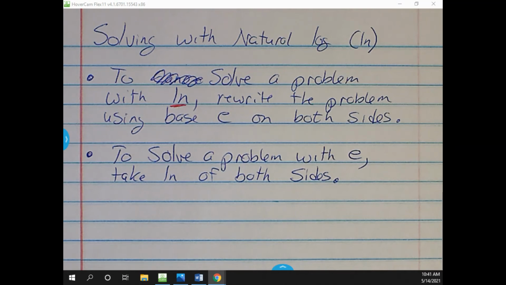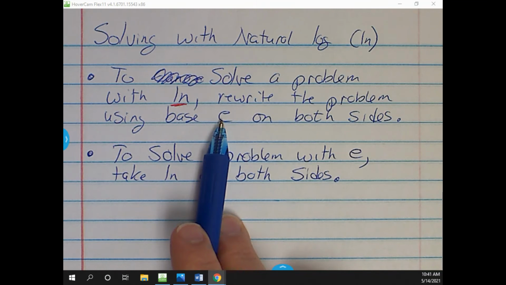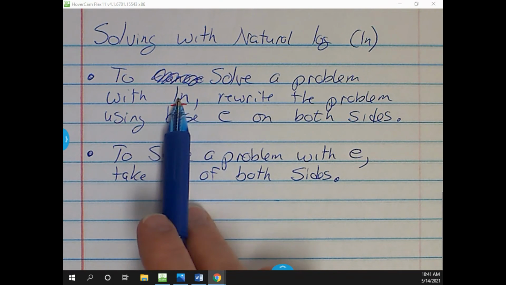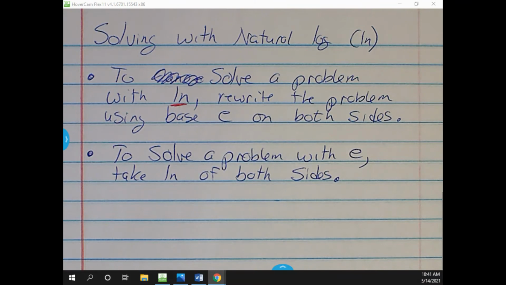The other day, if it was a log problem, log of whatever, base whatever, you rewrote it with that as the base on both sides. This one we're basically doing the same thing. If it's ln, that means it's base e, so we rewrite both sides with base e. If we've got the e, we're going to take the ln.